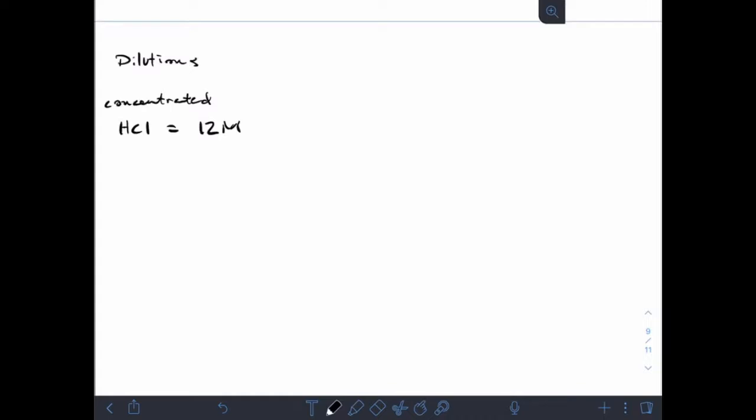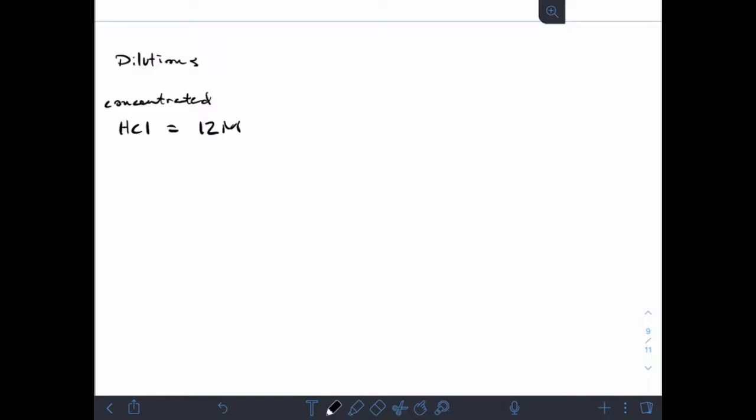Right? And 12 molar HCl is guaranteed to burn your face off. So you have to be very, very respectful of it if you ever find yourself in a laboratory situation playing with concentrated hydrochloric acid. And playing is probably not the right word. But the way it comes from the store is 12 molar.